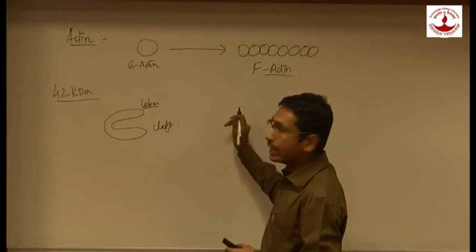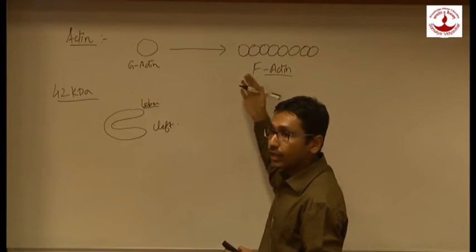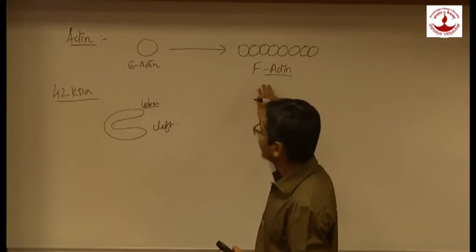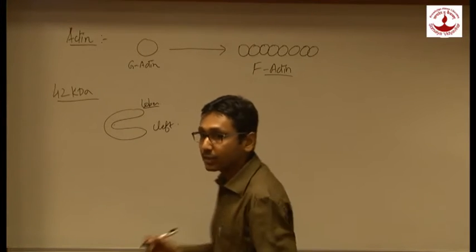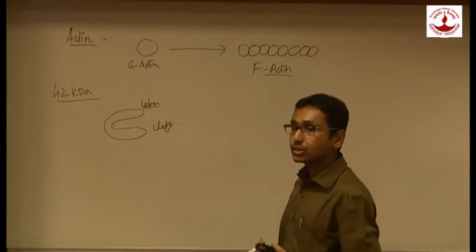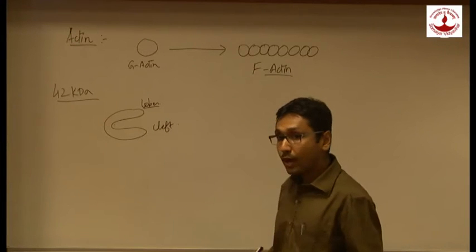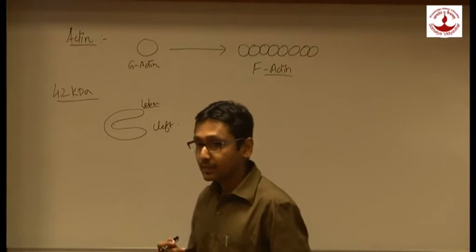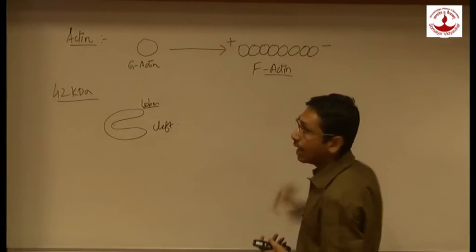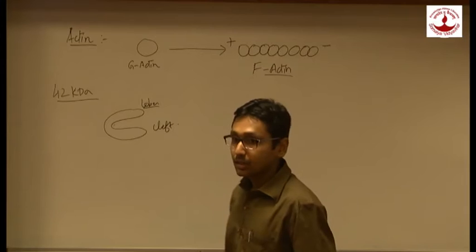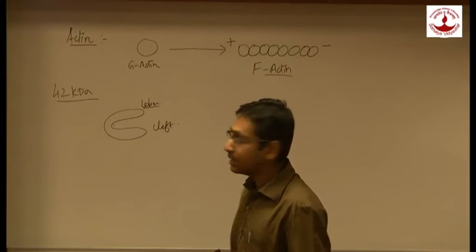Now, one very important property of F-actin is that when it assembles, it has a structural polarity. F-actin has a structural polarity which also has a functional consequence, a functional polarity. So you have a plus end and a minus end. What is this structural polarity?